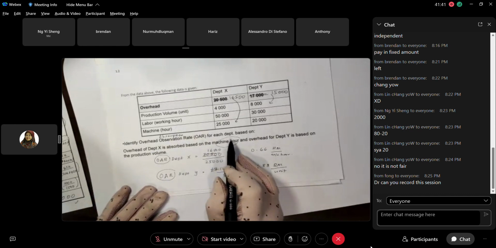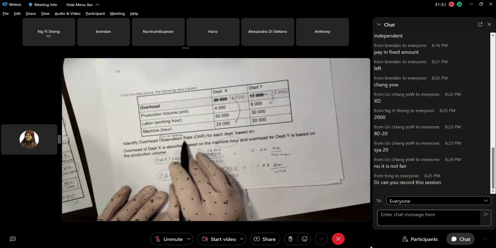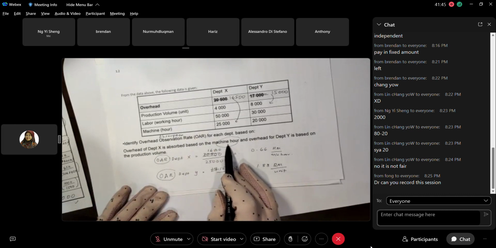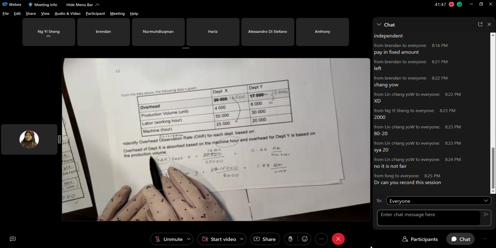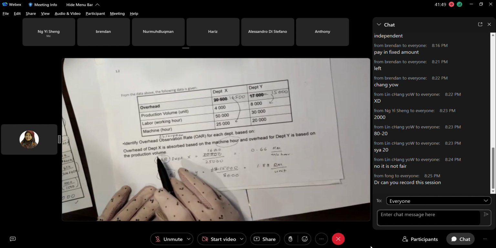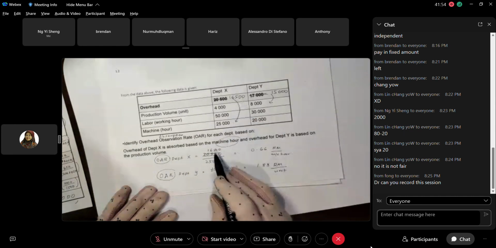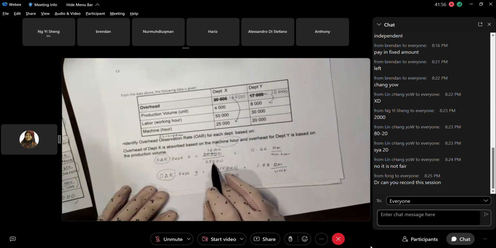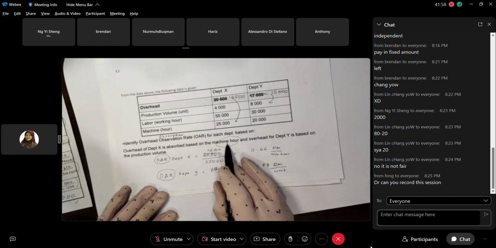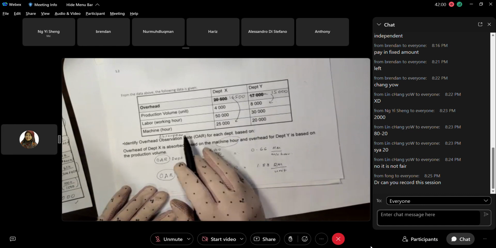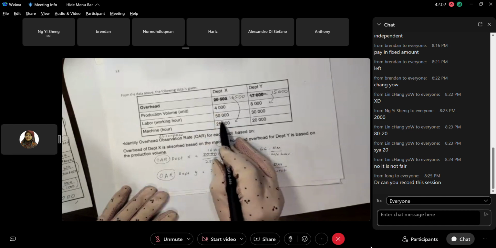For the OAR of each department, you have to identify the base: X is machine hour, Y is production volume. So for department X, the OAR is 16,500 divided by the machine hours, which is 25.